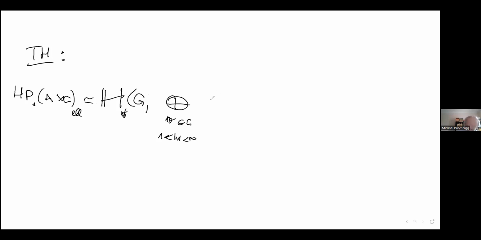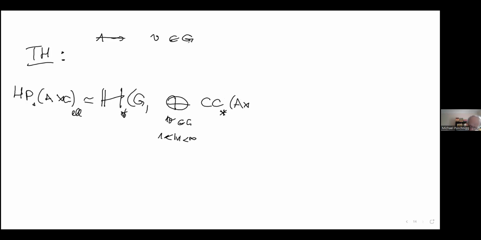And here we take the ordinary cyclic bicomplex of the cross product of A with respect to, excuse me, this time is so advanced I forget notations.